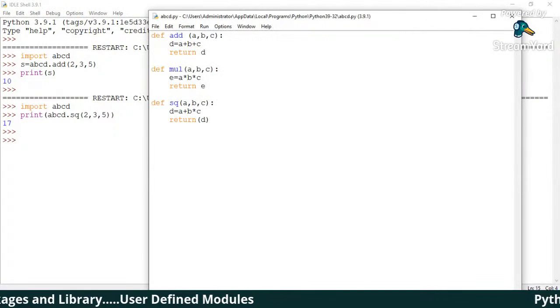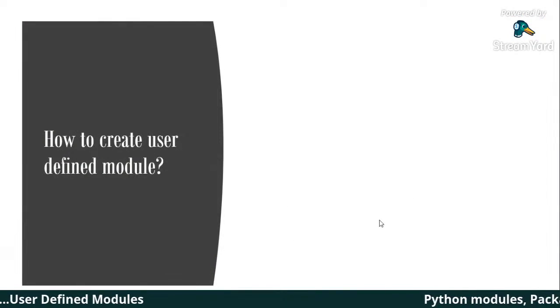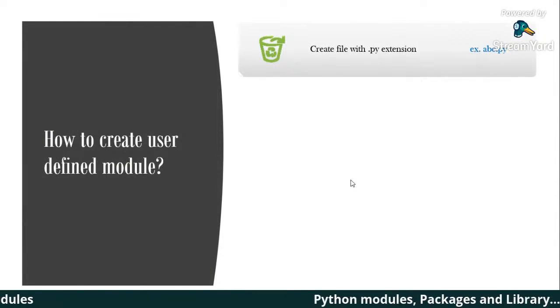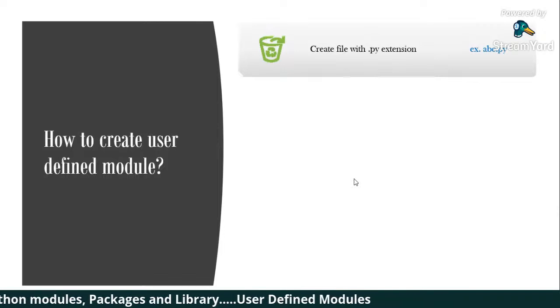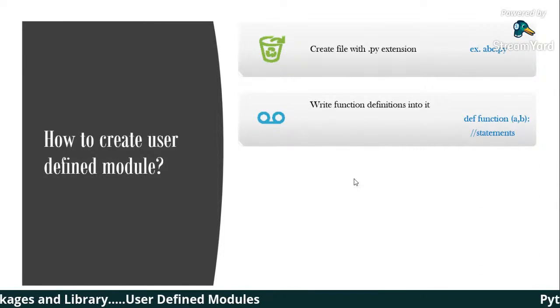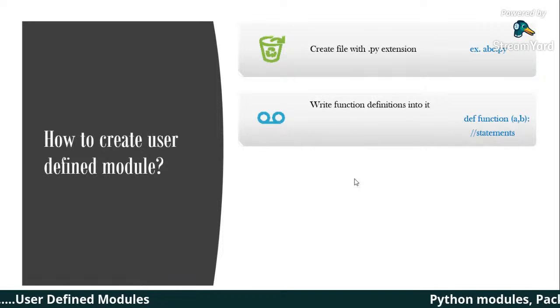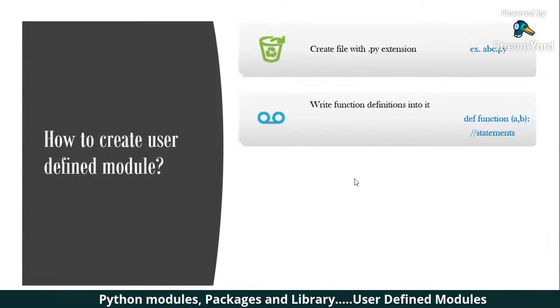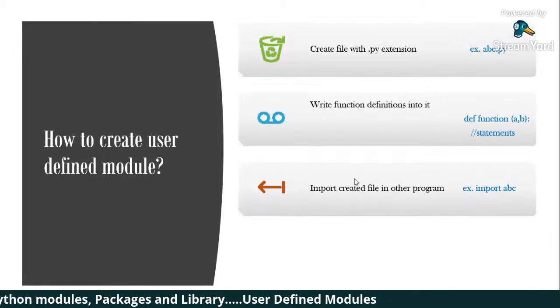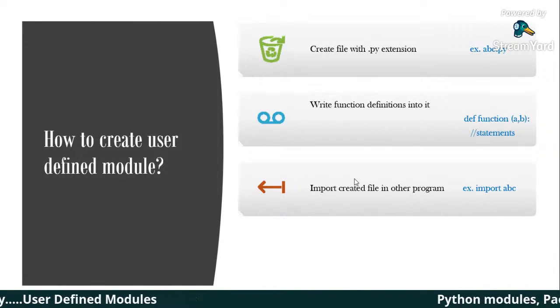So once again, I will explain to you. First, what you have to do, you have to create a file with the py extension. So our name is given as abc.py. After creating the file with .py extension, you have to write function definitions. As per your requirement, you can write the function definition. Now you have to execute or run this particular file. Then import that file into another program by writing import and the name of the file.